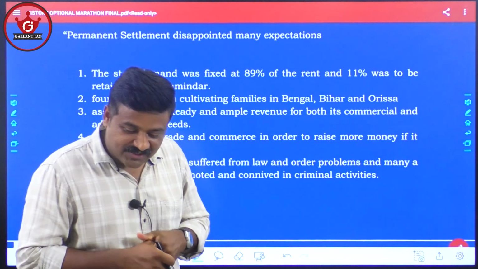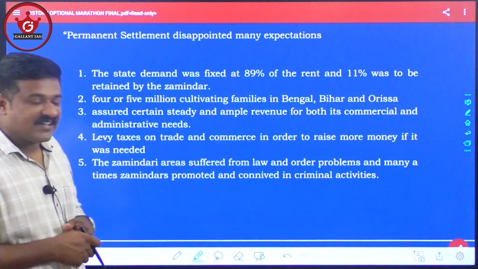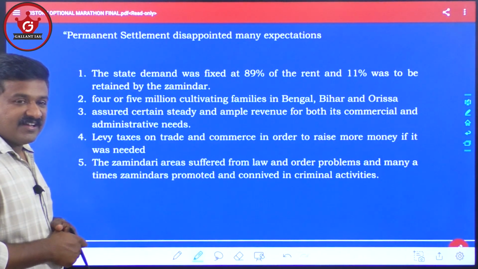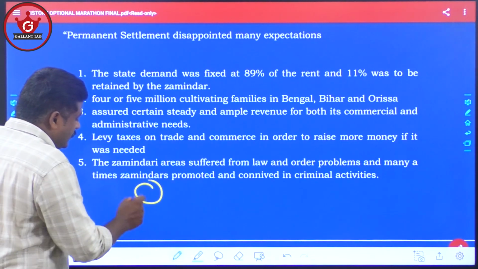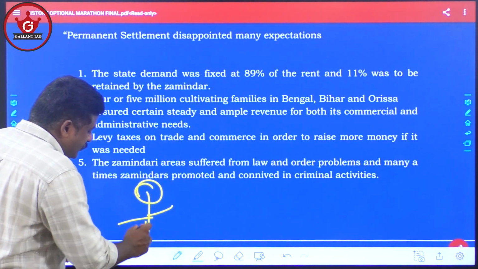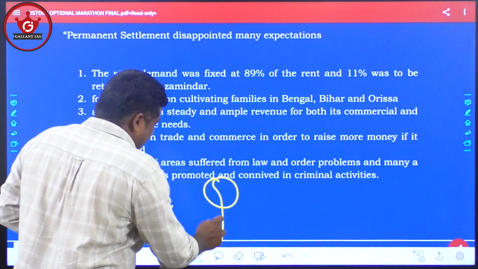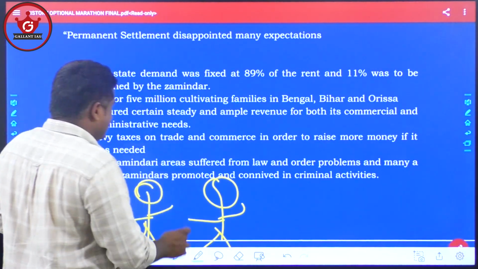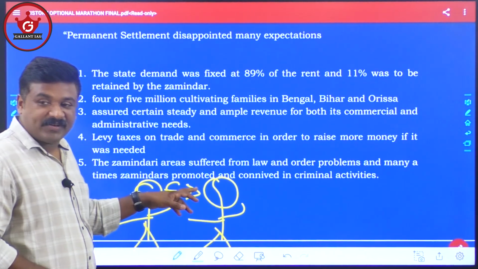But what was the reality? Permanent settlement, you remember? Yes, permanent settlement is signed between the British and the Zamindar.